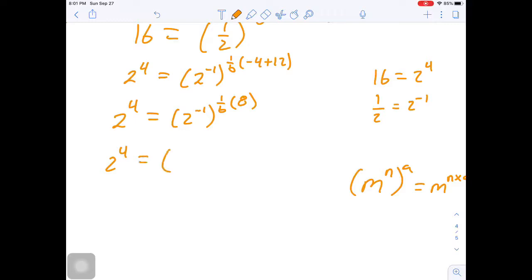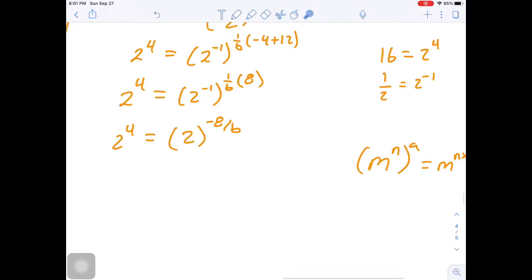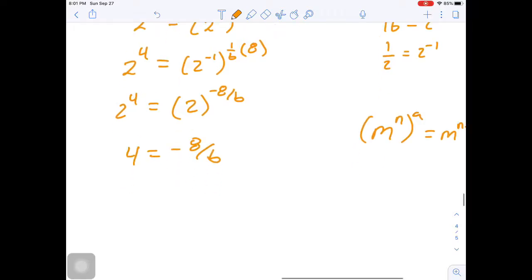That will give me 2 to the power of negative 8 over b. Okay, so I just multiplied all of these exponents. Now, we are almost done, but recognize we have similar bases here. Since we have similar bases, we can just equate their exponents. So this will be 4 equals negative 8 over b. And now I can solve for b here.